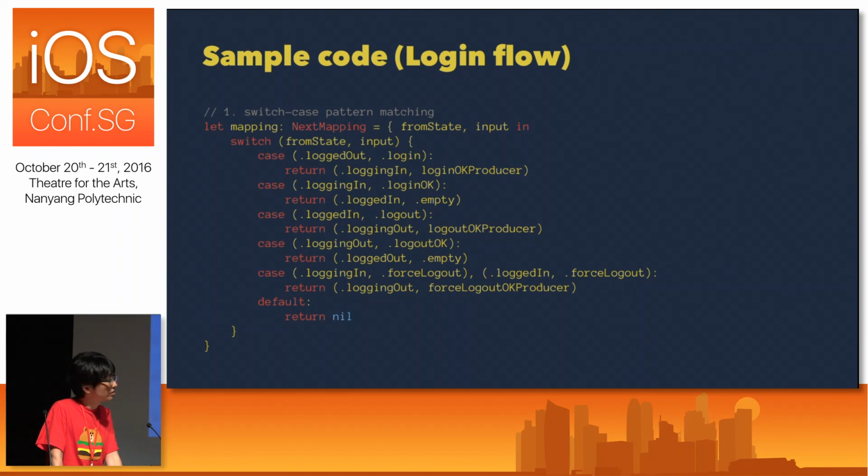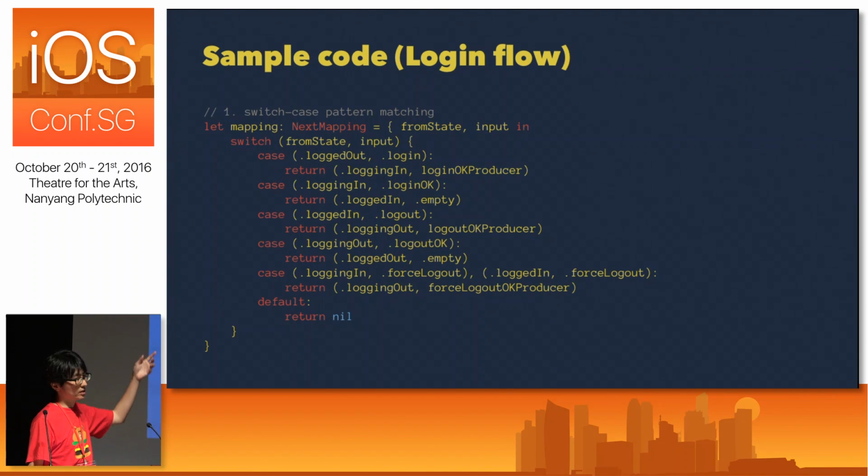The state transition function will look like this. I used switch cases all around. If you take a look at the first case, it means the current state is the logged out state, and you receive the login input. That means you should transit to the logging in state. Also, you can add extra side effects like this one, the login OK producer.